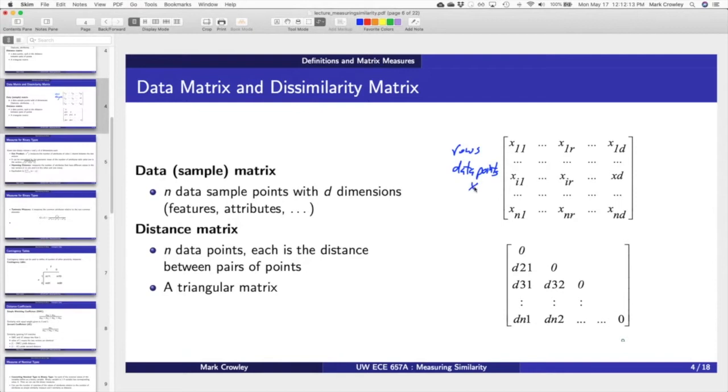As you go down, every row here is a different data point, and the columns are dimensions or features that describe each one of them. Right? So it could be age, income, country, or something, if it's like census data.